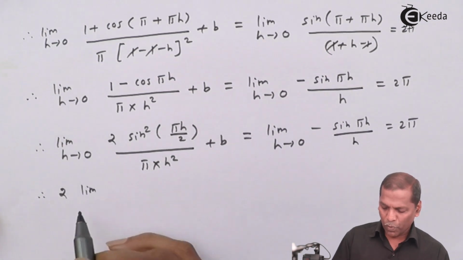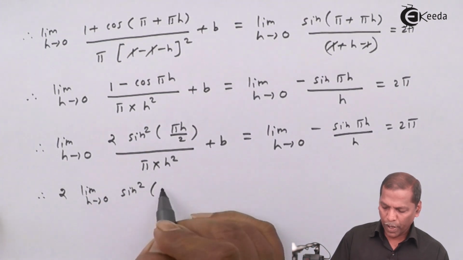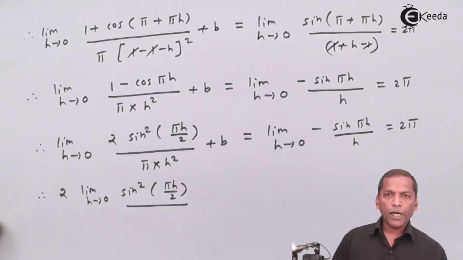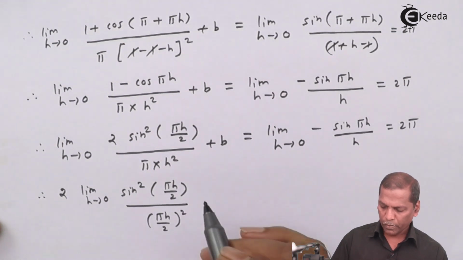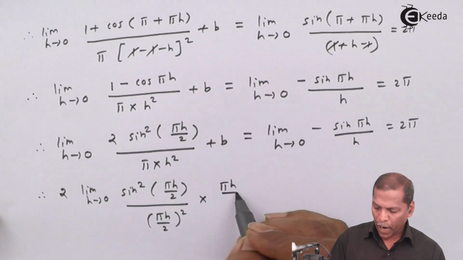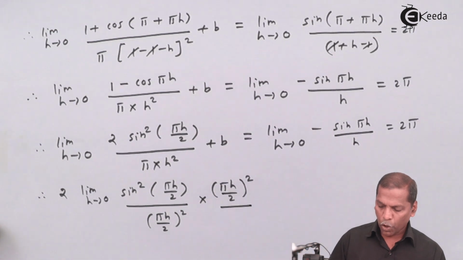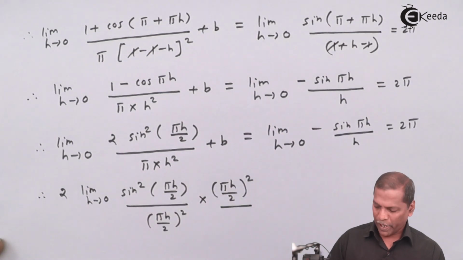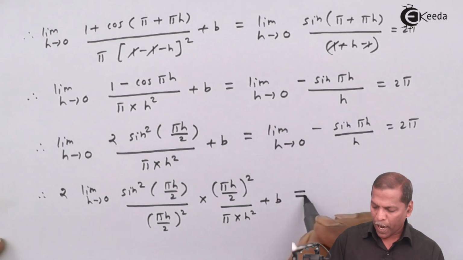So 2 into limit h tends to 0 sine square in bracket pi h upon 2, and to get the rule we have to divide by pi h upon 2 whole square, and at the same time we have to multiply by pi h upon 2 the whole square. Then the original term in the denominator is pi into h square, so we write that as it is. Then plus b, and that equals.